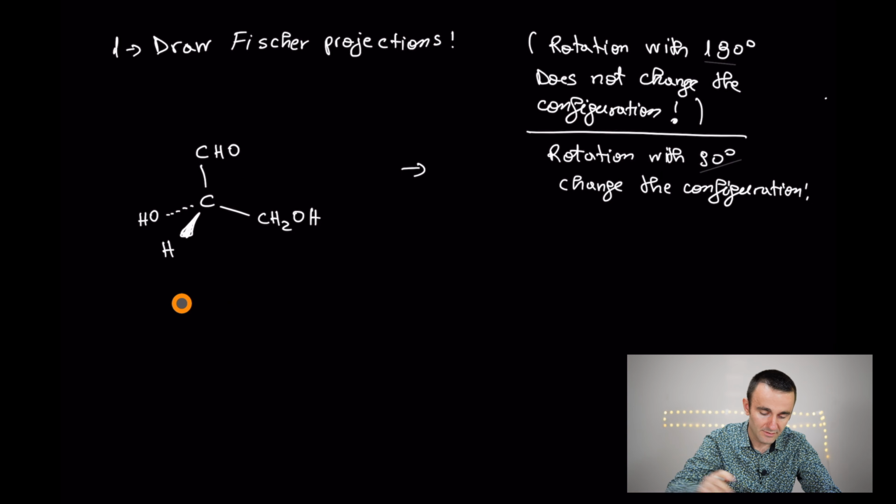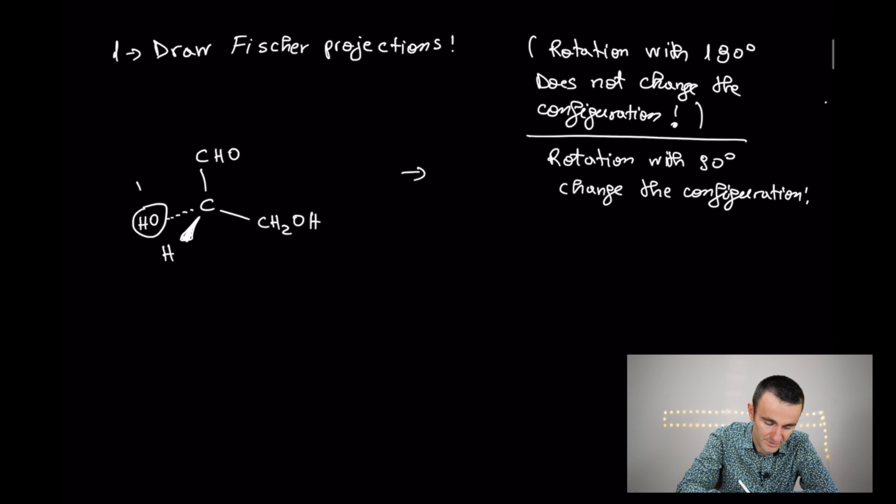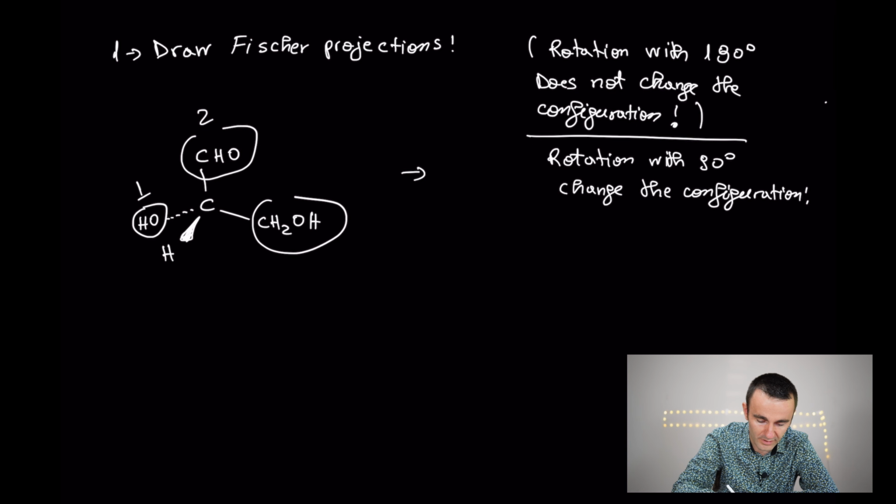In this case, OH has the highest priority. If you remember, the one with the highest molecular mass has the highest priority. This one is connected with a carbon that is chiral. So this is going to be the first, this the second, and this the third group in terms of priority, the highest priority to the hydroxy group, and the hydrogen fourth.